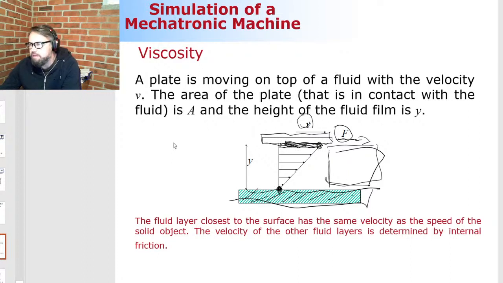So they have a velocity v. For the rest of the particles, the velocity is distributed in a linear manner. So the one in the middle will have half the velocity of the plate. And this is how all the fluid that we deal with in hydraulics behaves.